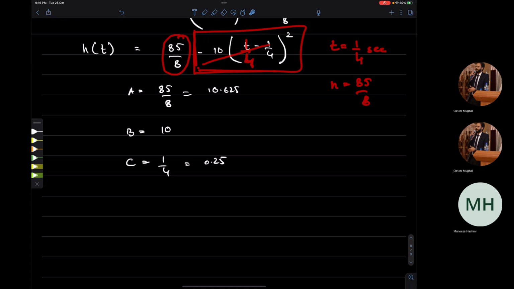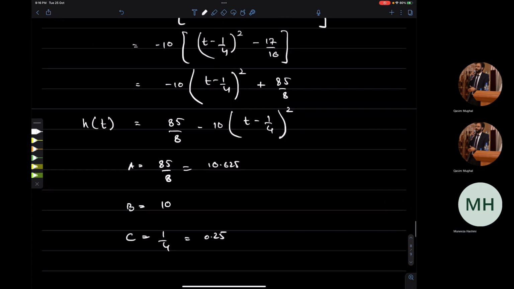Isn't it? Yes. Okay, now I'm going to explain it through the mathematical terms. This is how the graph of the diver would be. This is the maximum height. On the x-axis I have time, and on the y-axis I have the height.